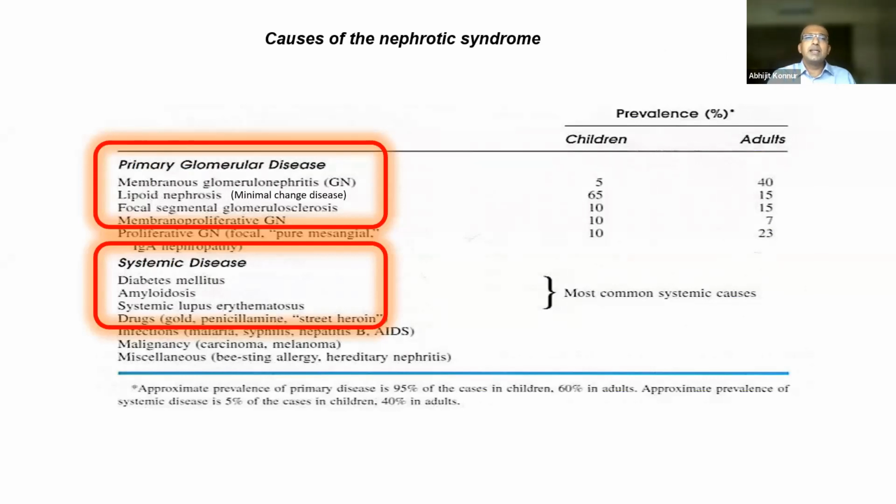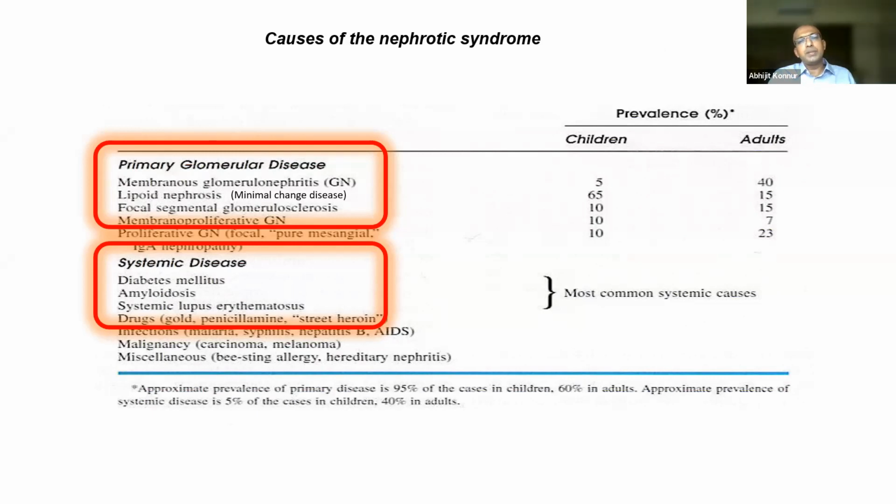Again, a differentiation of nephrotic syndrome typically can be involving primary glomerular disease or a part of systemic disease. The primary glomerular disease differential usually is membranous, minimal change disease, focal segmental glomerulosclerosis, and amyloid.